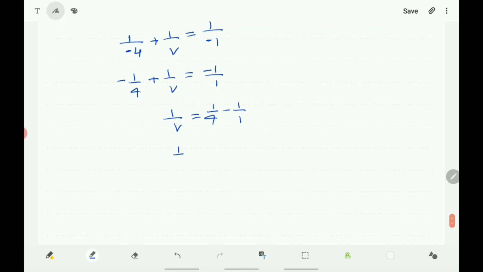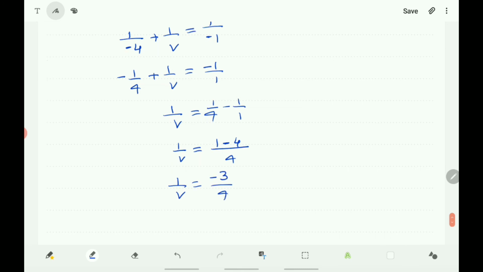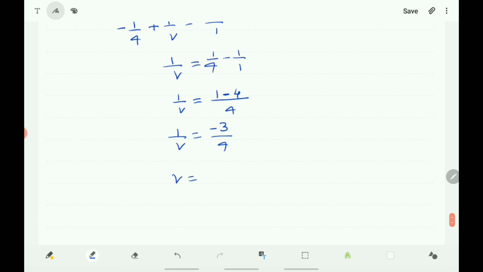Then 1 by v is equals to, the LCM of 4 and 1 is 4. 4 ones are 4, 1 ones are 1. 1 fours are 4, minus 1 fours are 4. Then 1 by v is equals to minus 3 by 4. Then v is equals to 4 by minus 3, that is minus 4 by 3.